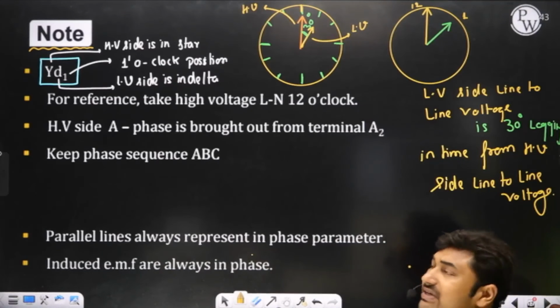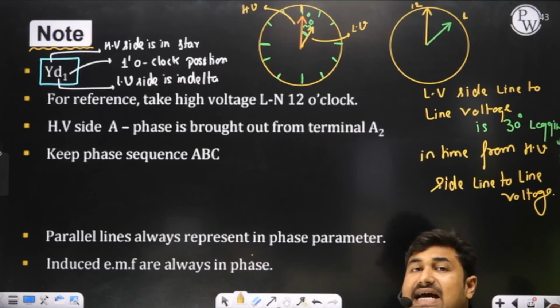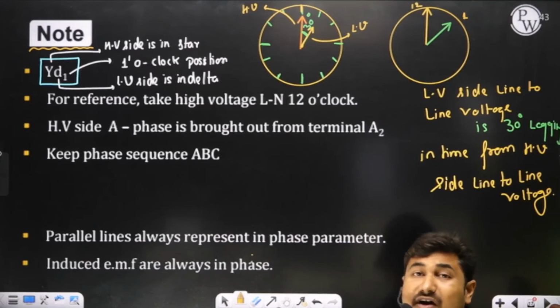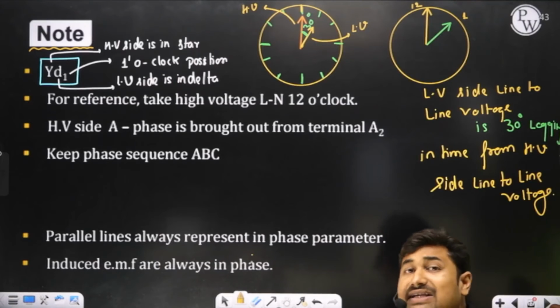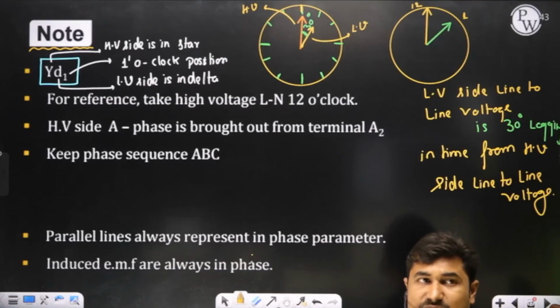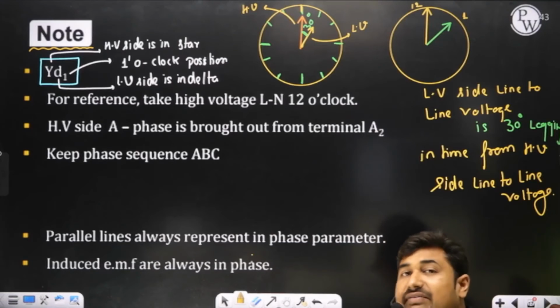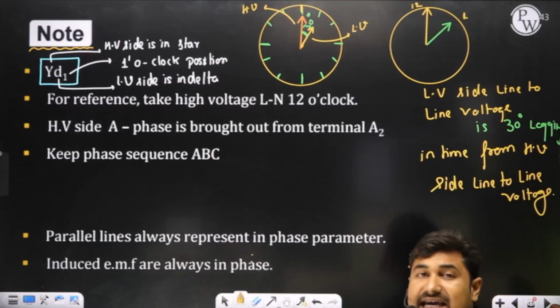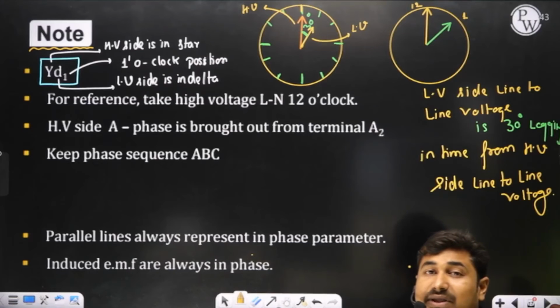So HV side is in star, LV side is in delta, and 1 represents the 1 o'clock position of the LV side. Always on the clock, the LV side position is represented. HV side is always at the 12 o'clock position. So in time, LV side and HV side are displaced by 30 degrees.